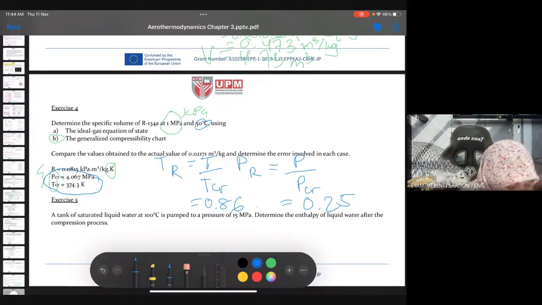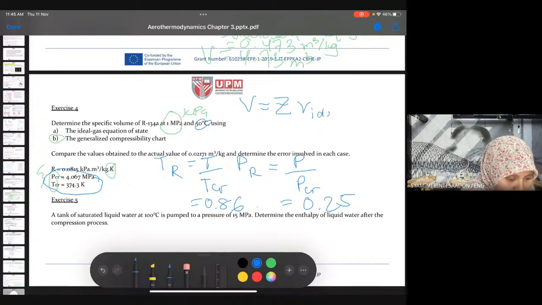Okay, we want to calculate the specific volume. So this Z is like the correction factor. You have to multiply it with the ideal specific volume that we got just now using the ideal gas equation of state. So V actual, by using the compressibility chart, is Z times V ideal, because Z is the ratio of the actual specific volume over the ideal.